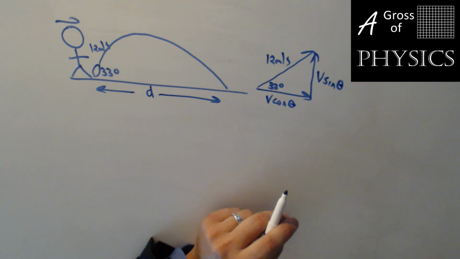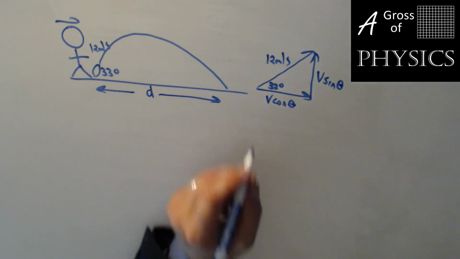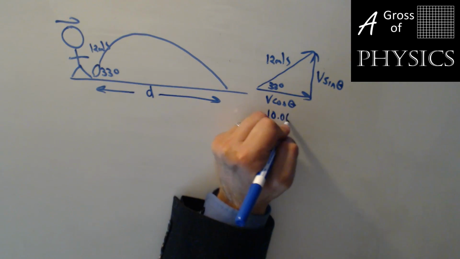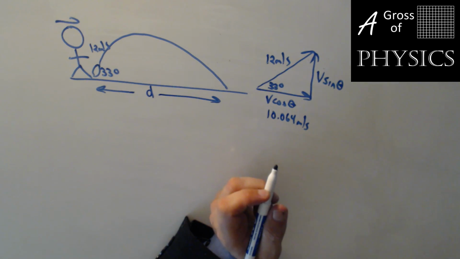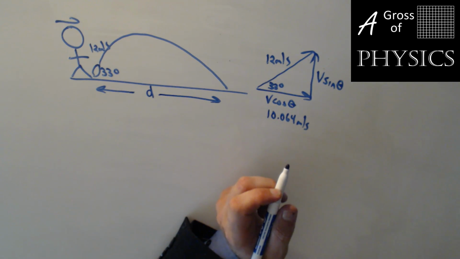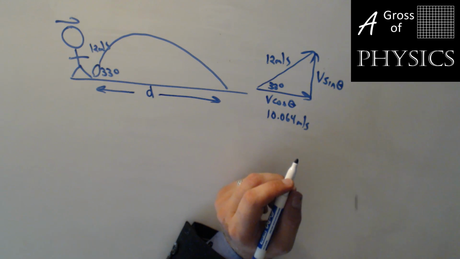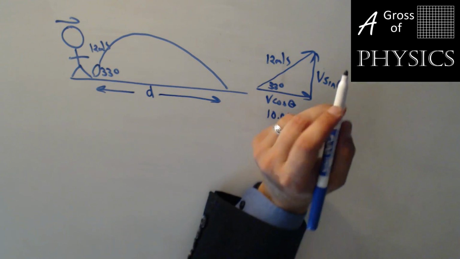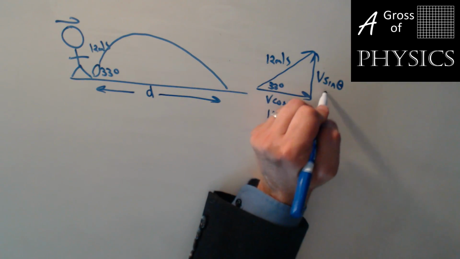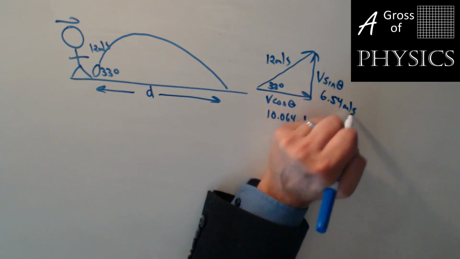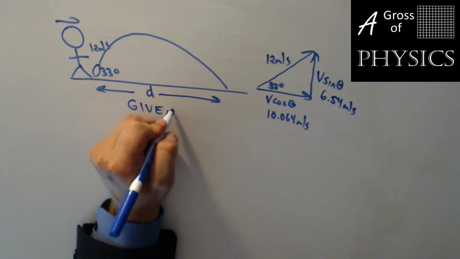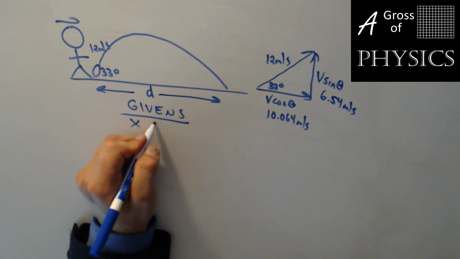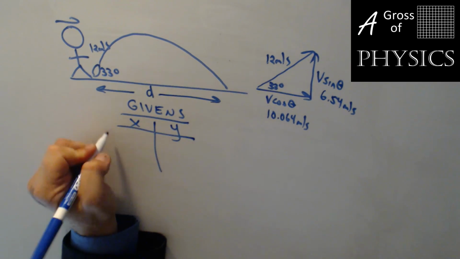So 12 times the cosine of 33 gets me 10.064 meters per second. And 12 times the sine of 33 gets me 6.54 meters per second. All right, those become our x and y givens for the velocity.